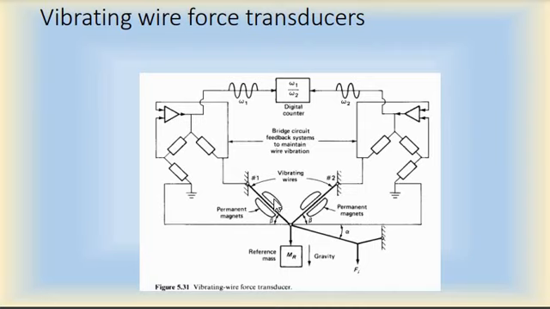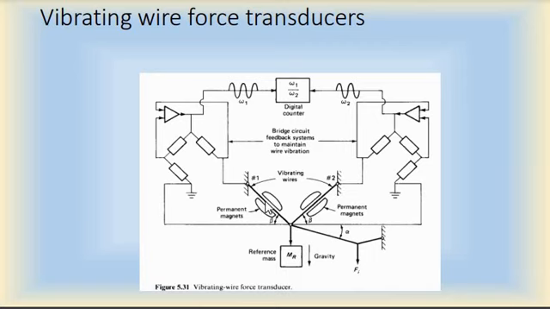Also, this whole system acts as a current to force transducer due to the feedback system, which accepts the oscillatory output current from the amplifier and causes the wires to keep vibrating, providing the vibration exciting transverse forces.